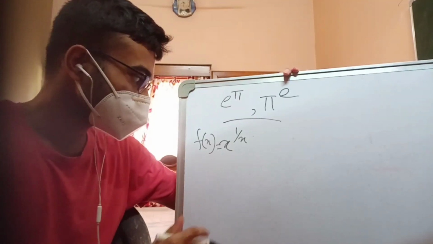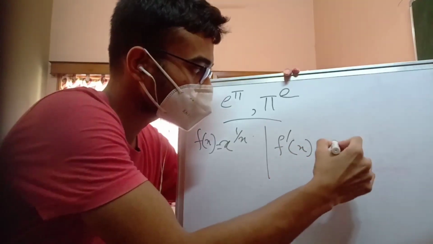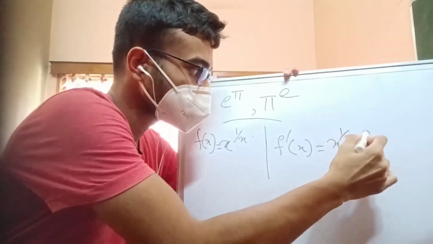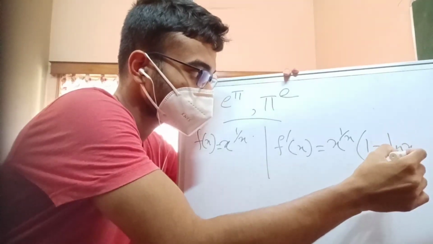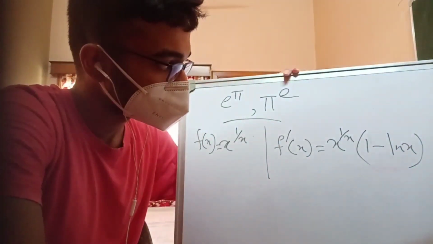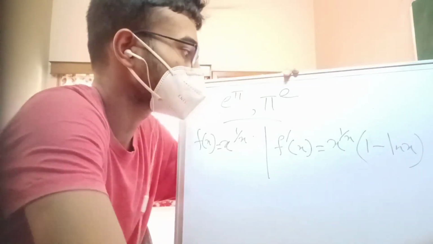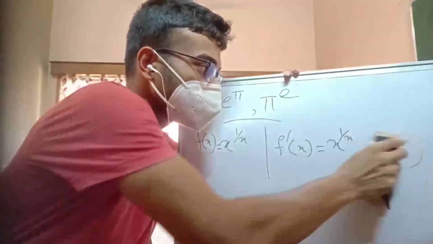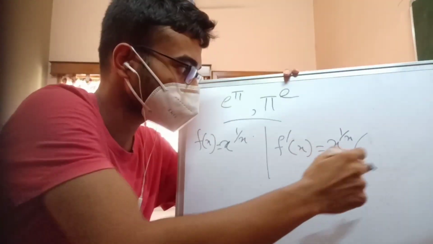In this case we differentiate to get f dash x, and once we have differentiated, we get such a thing. Am I right? Oh, I'm sorry, I'm not right, almost. If you differentiate, you would get this kind of thing.